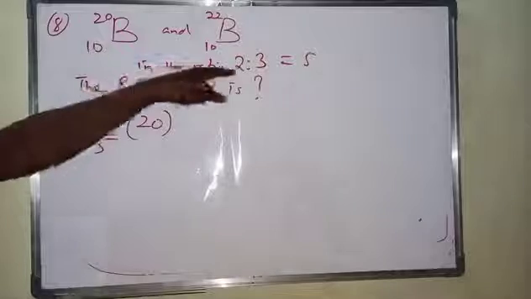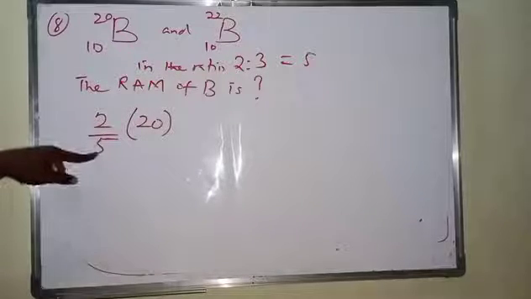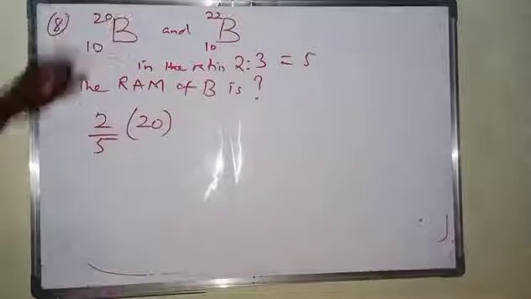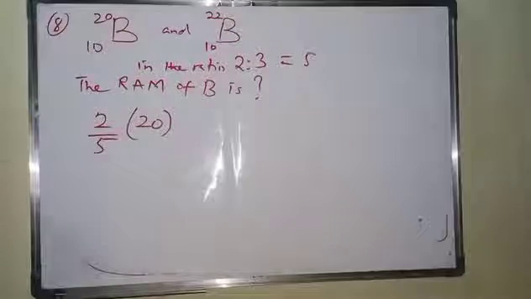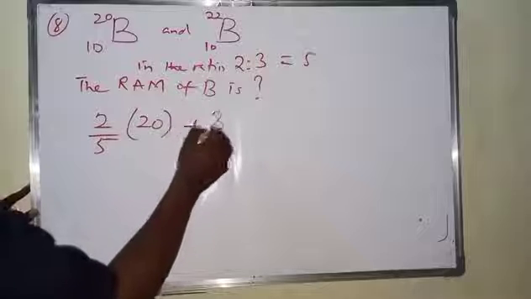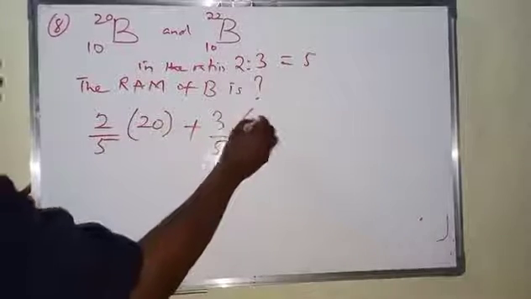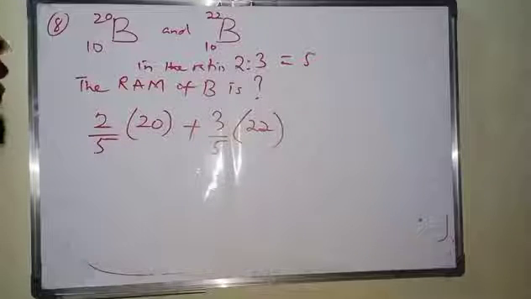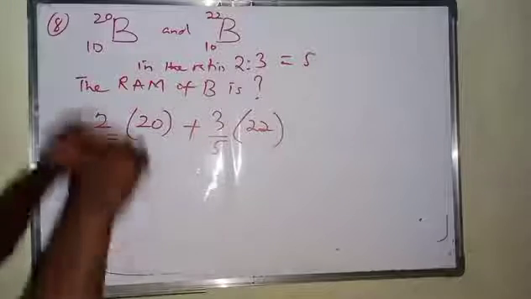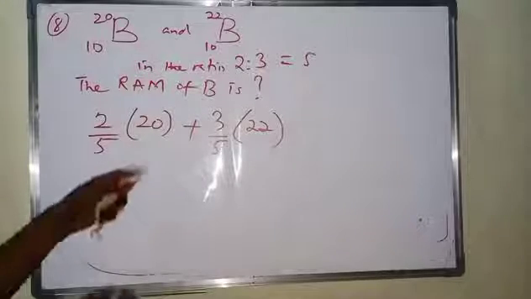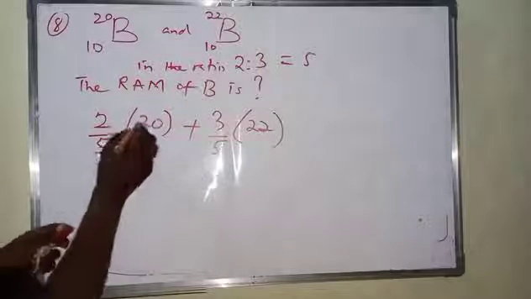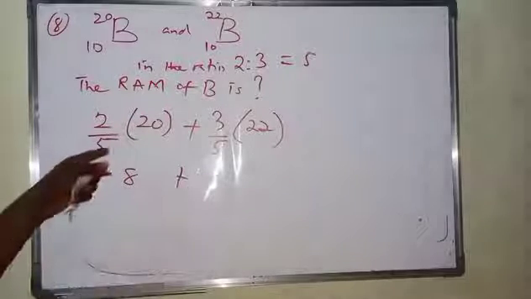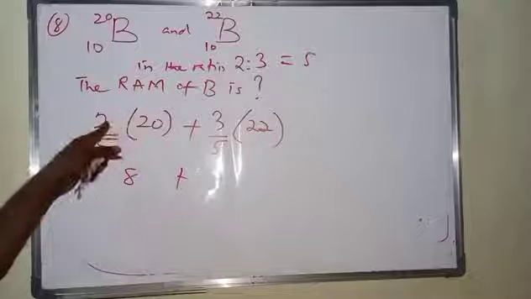So 2 over 5 multiplied by 20 is the contribution from boron 20. Then plus 3 over 5 of 22 is the contribution of boron 22 to the relative atomic mass. So if we go by this, 40 by 5 will give us 8. 5 here is 4, multiplied by 2, 8.